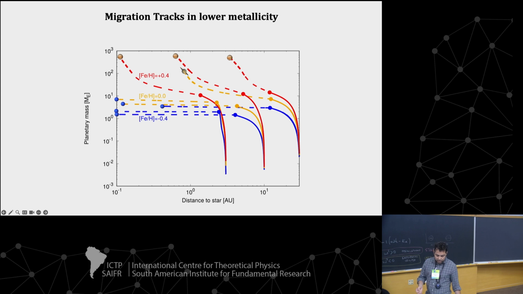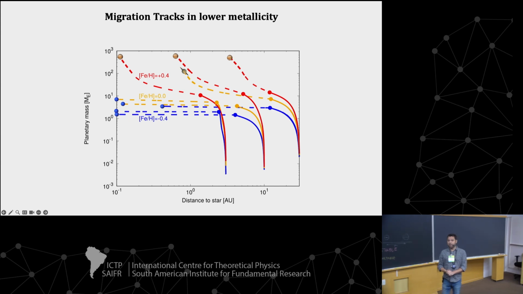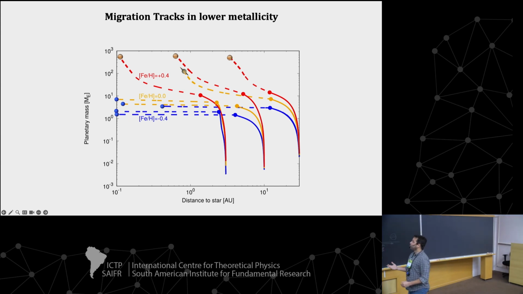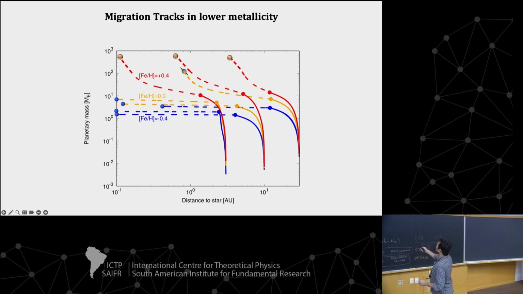There are some situations where the migration can be quite small, right? It actually goes with the square of the planetary mass. So very low planetary masses will migrate very slowly, right? The more massive it gets, the faster the migration is, which is something you see here on this track, right? These objects are formed at very low mass, and it's only when they build enough mass that they start migrating in.